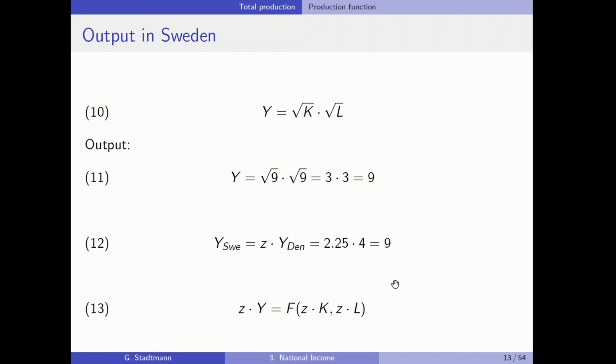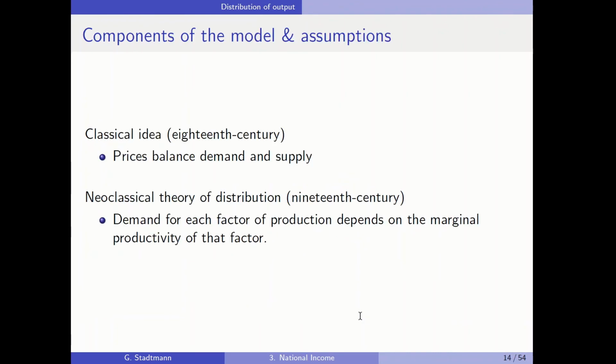After we have clarified these characteristics of the production function, let's have a look at the other components of the model and some more assumptions. The model we are looking at combines some classical ideas which stem from the 18th century and some neoclassical components which stem from the 19th century.